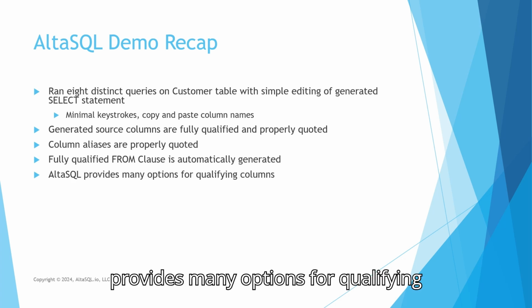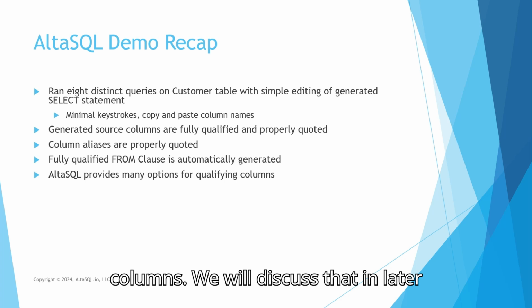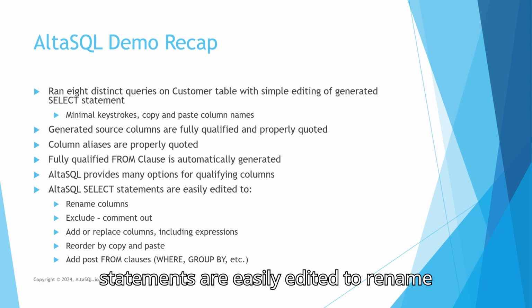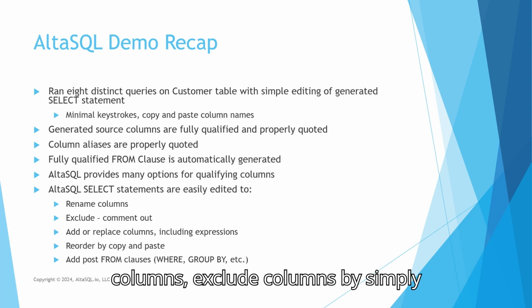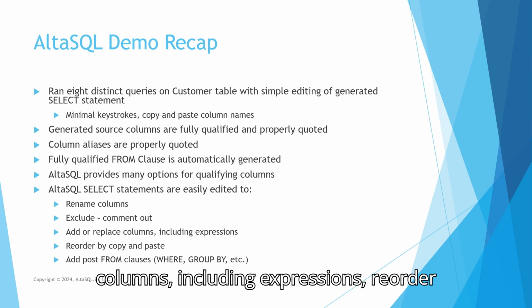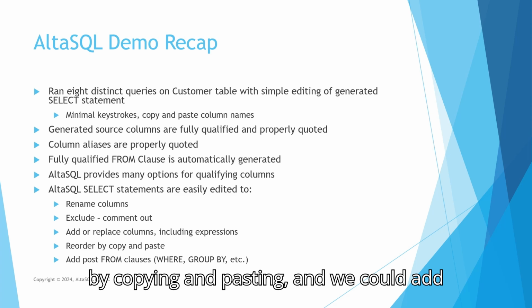AltaSQL provides many options for qualifying columns. We will discuss that in later videos. AltaSQL select statements are easily edited to rename columns, exclude columns by simply commenting them out, add or replace columns including expressions, reorder by copying and pasting, and we could add post from clauses.